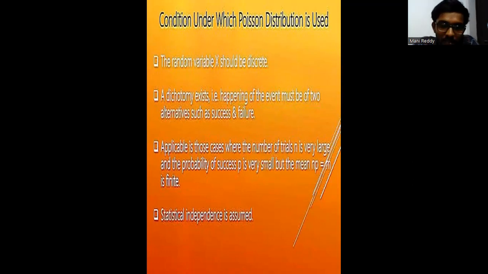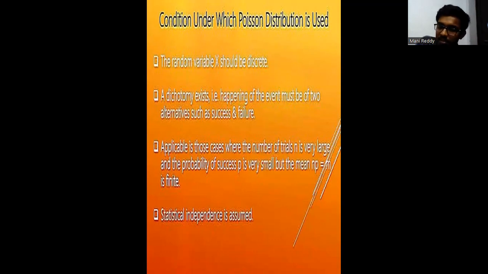Dichotomy exists, that is, the happening of an event must have two alternatives such as success and failure. Application is to those cases where the number of trials n is very large and the probability of success p is very small, but the mean np equal to m is finite.